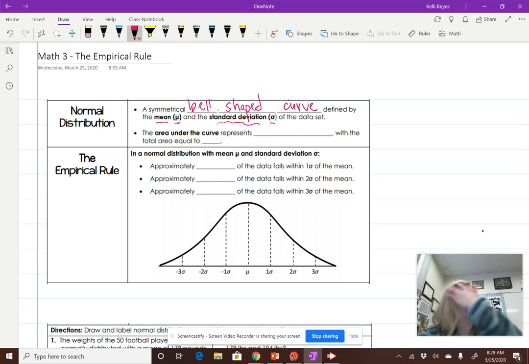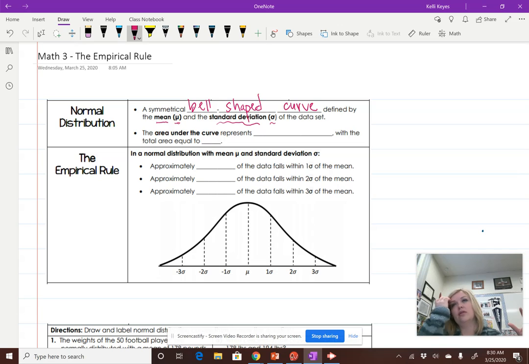Because the last assignment you guys did is you had 3 normal curves, and they either had the same mean and different standard deviation or vice versa. And then you said how it affects. So remember, the mean affects where the center is along the x-axis. The standard deviation, which I'll probably just refer to as SD because, you know, I'm lazy, affects the shape of the curve, how spread out the numbers are.